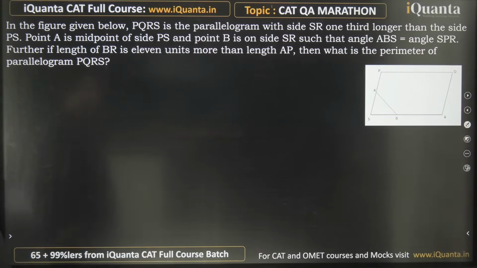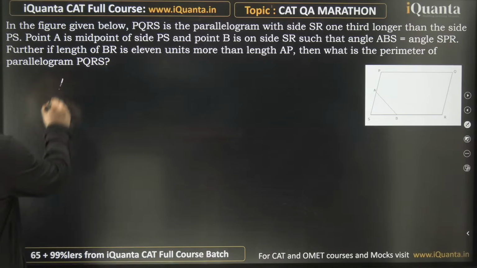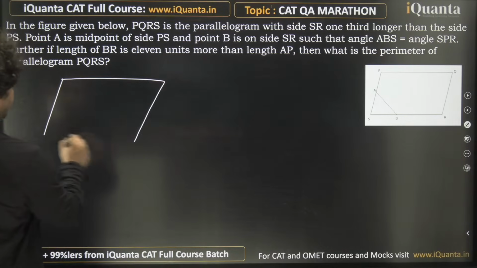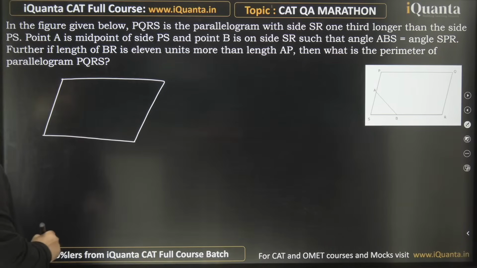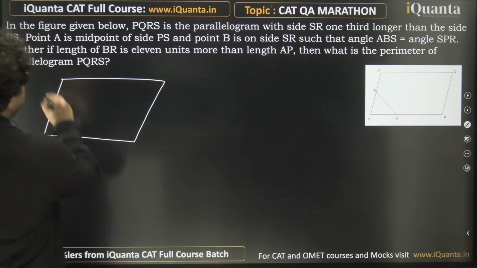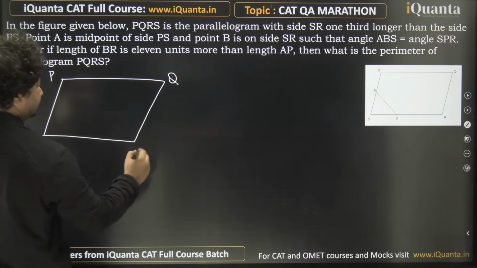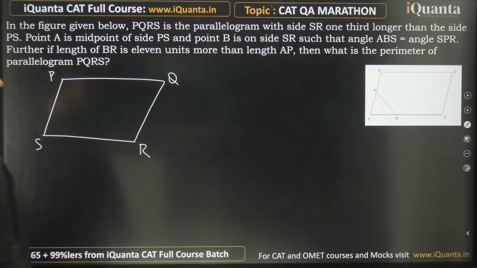In the given figure, is the figure visible to all of you? I'll draw that again. So it's a parallelogram PQRS, with side SR 1/3 longer than side PS.